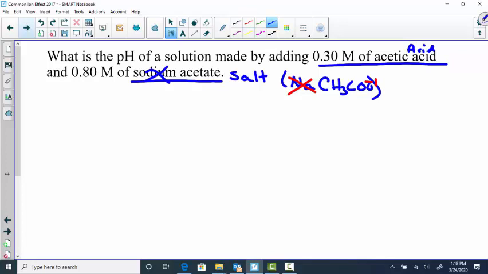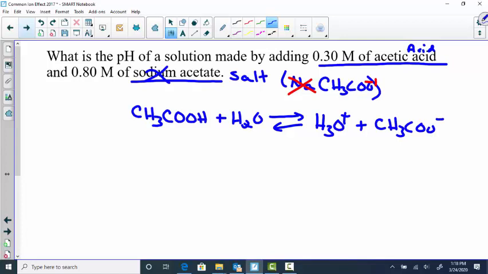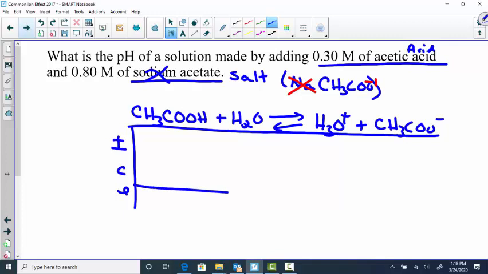So the equation for this doesn't change any. It's still the equation for acetic acid in water. Okay, so that is still our equation. And we're still going to ICE this. Water still doesn't matter.